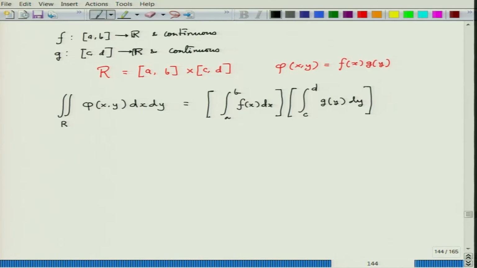That is again a very simple situation. Here, if these integrals exist, we are going to use the iterated integral technique.